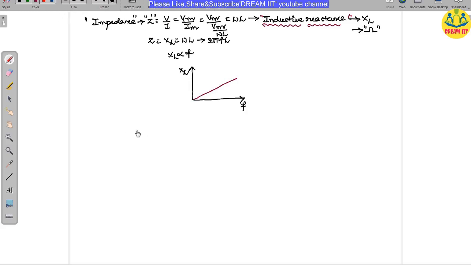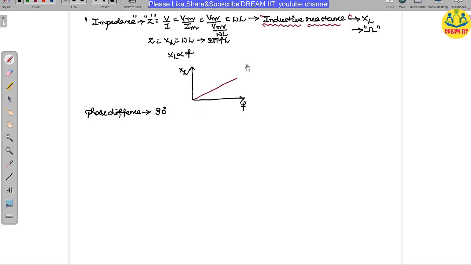Now impedance is completed. Now let us see the phase difference. We have seen that the phase difference in the circuit is 90 degrees. You may get a doubt: sir, why are we not connecting a DC supply?